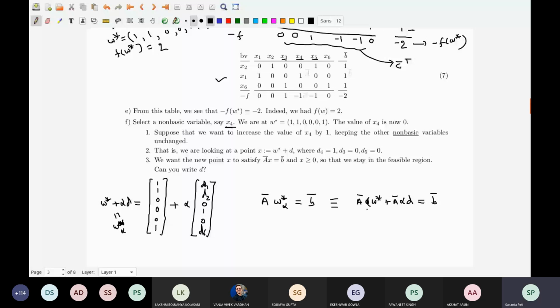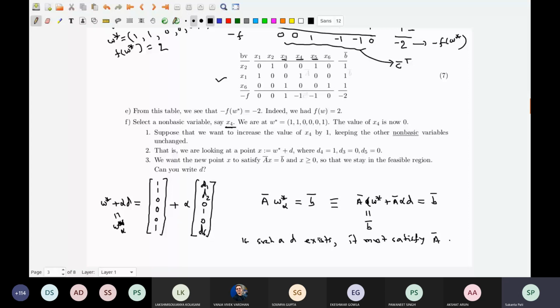So if such a direction exists, if such a D exists, it must satisfy A bar D equal to 0.